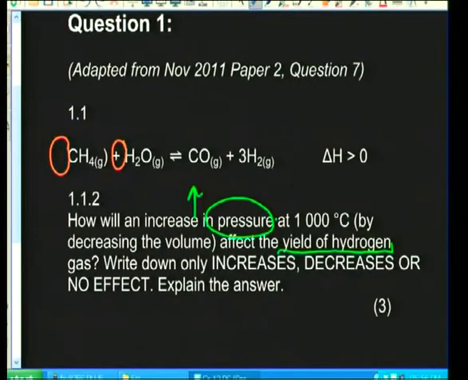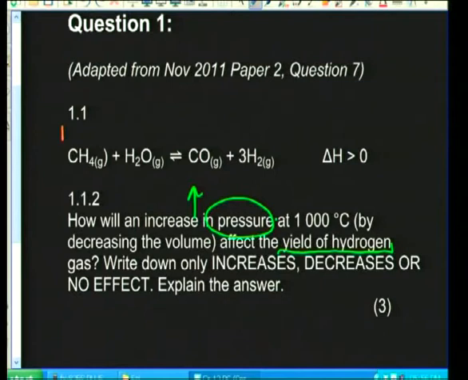So how is this system going to change? Well, in the same way as I'm saying people in the lift, we can count the number of molecules or moles of gas here. And how I would do that is look at the numbers in front. Now, there are no numbers in front of here, but we understand that those values are 1.